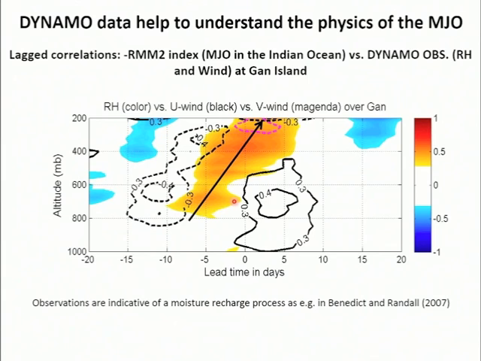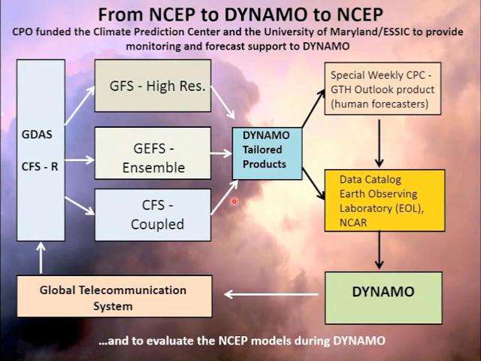Now, what we did for DYNAMO at NCEP and the University of Maryland was to use the relevant NCEP models: the GFS, which is the highest resolution model running at NCEP, the GEFS, which is the ensemble model, and the CFS, which is the Climate Forecast System, a coupled ocean-atmosphere model. And we used these forecasts to tailor products specific to the requests of DYNAMO PIs in the field.